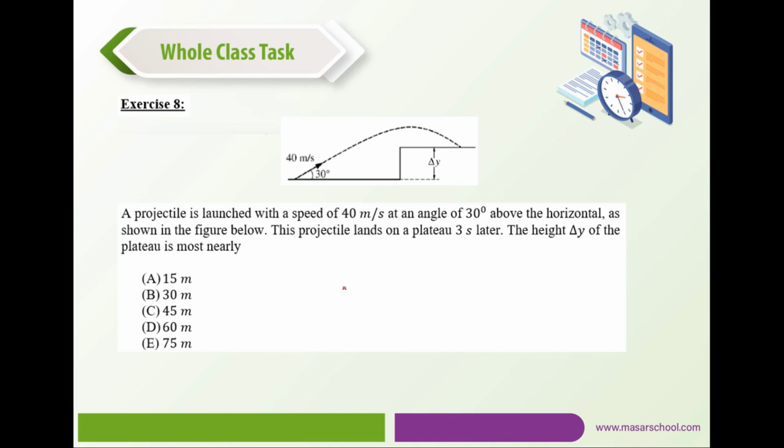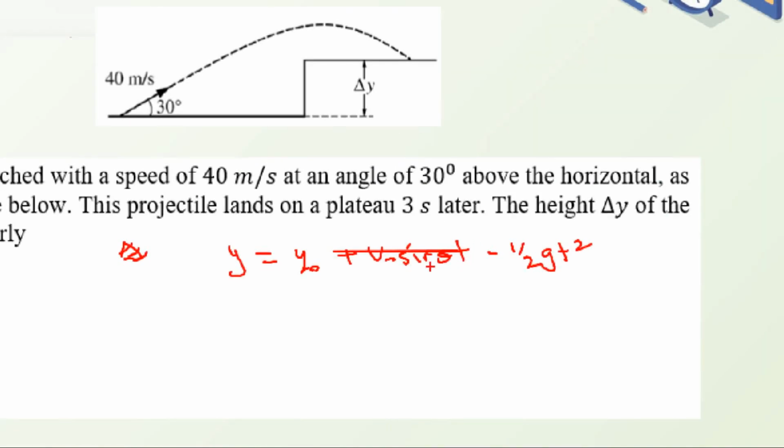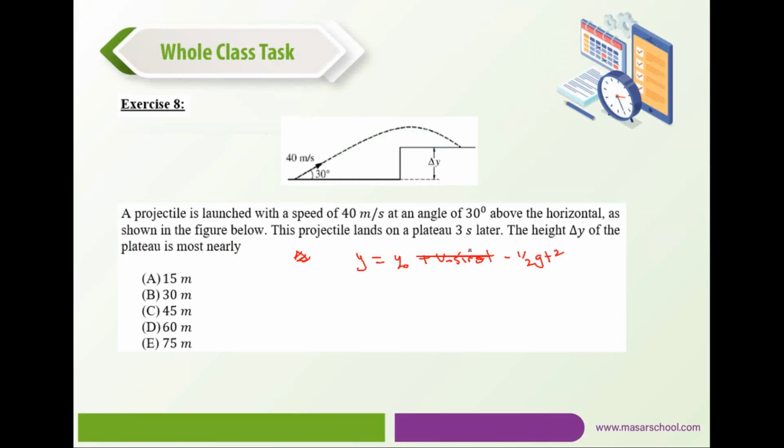We know that y is given by y0 plus v0 sine theta t minus half g t squared. Remember that v0 sine theta represents vy0, and this is ay. Here I'm assuming the positive direction to be up.